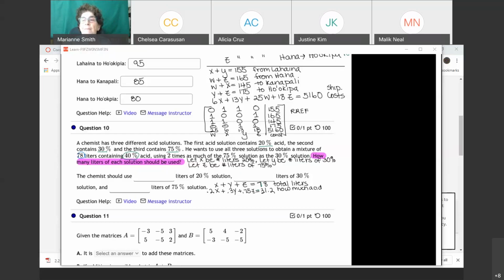There's one more constraint, and that's due to probably a short supply. The chemist wants to use 2 times as much of the 75% solution as the 30. That means his amount of 75% solution has to be twice the amount of 30.